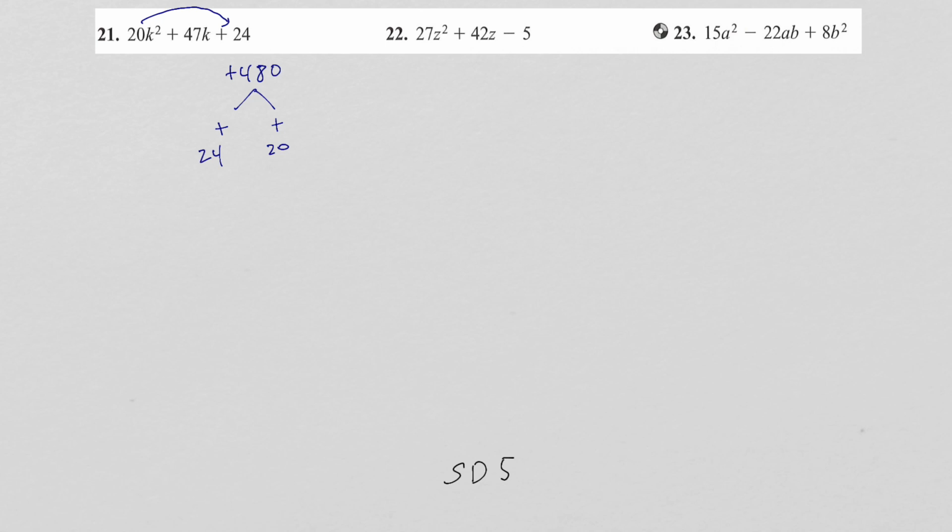Nope. 480 divided by 27. Nope. 480 divided by 28. Nope. 480 divided by 29. 480 divided by 30. Okay, so one is 30, possibly.